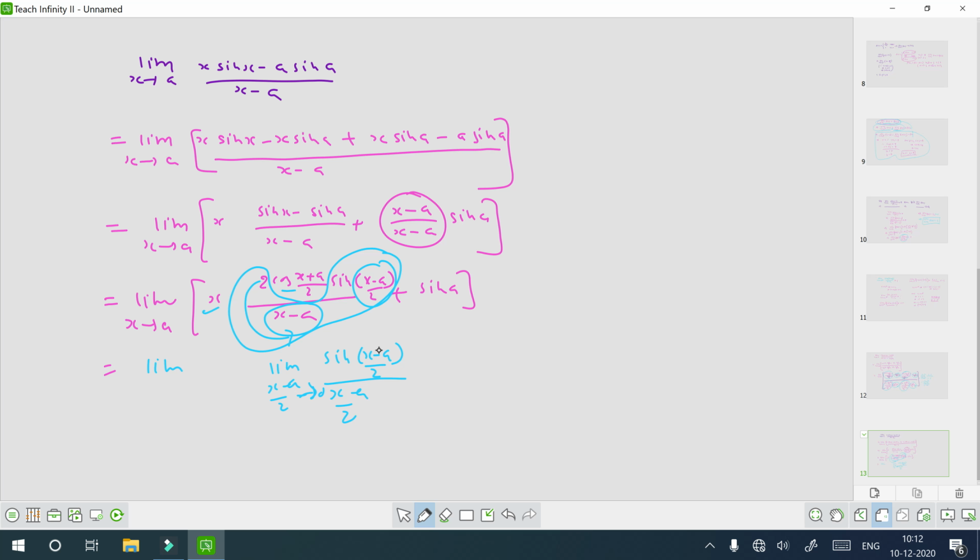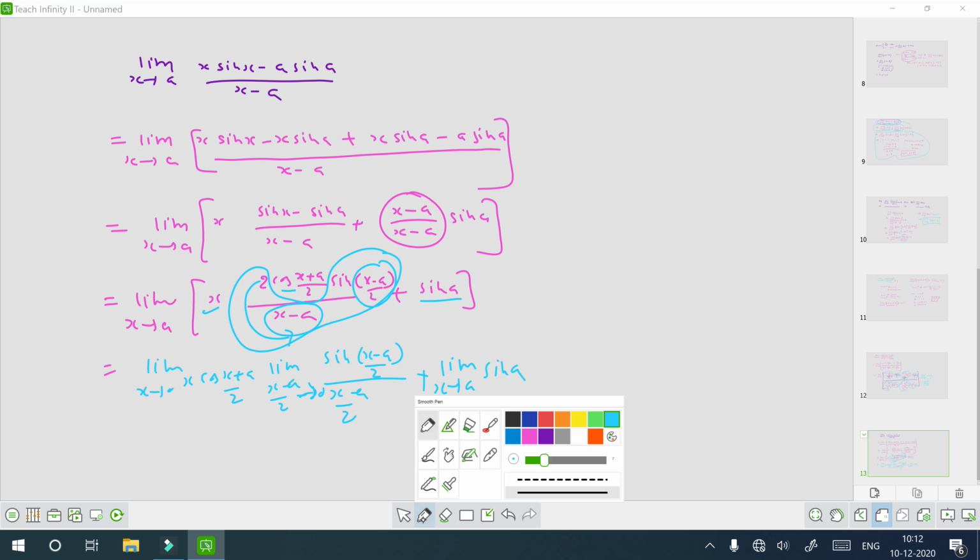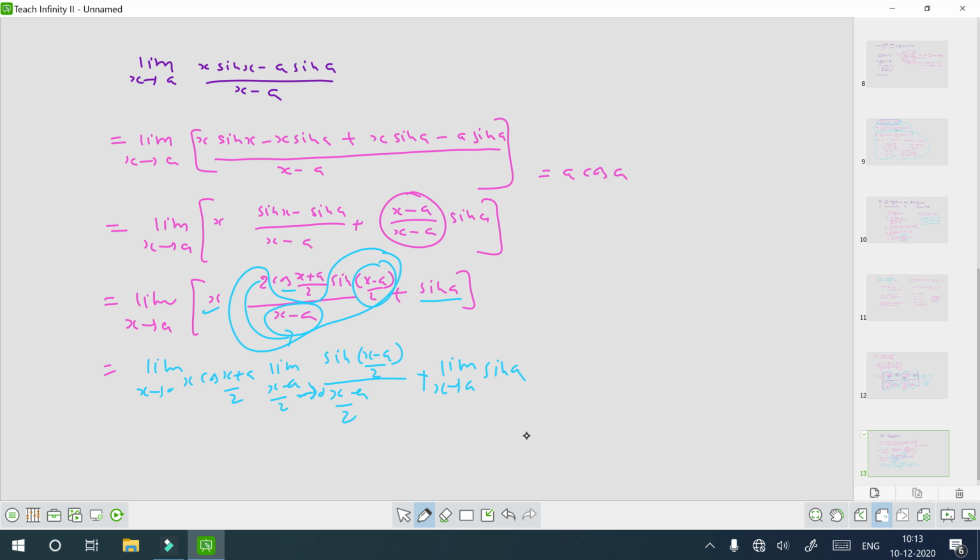Remaining x and this one, give the limit to that part: limit x tends to a, x cos (x plus a) by 2, plus sin a. Or you can write directly sin a, because it is a constant term, and the limit of a constant term is the constant. So that is equal to what? Put the limit: a cos a, see, x tends to a, (a plus a) by 2 is a, and this is into 1, plus this one is sin a. So the answer is a cos a plus sin a.